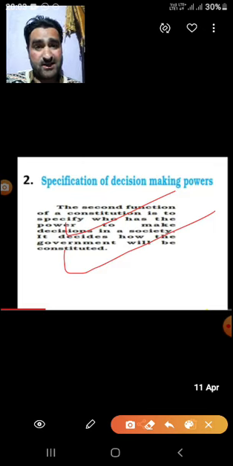The entire process of periodic elections is the linchpin of the modern democratic system. The constitution will draw the lines on which the political parties have to work. It will describe the entire process of the political activity that would be taking place. So, specification of decision making powers.